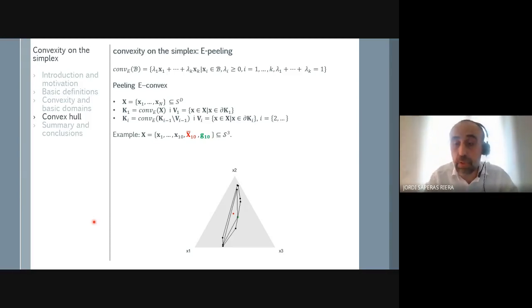In the example, we have generated 10 random points in the three-part simplex with a normal bivariate, and we have added the arithmetic mean and the geometric mean. If we use the concept of Euclidean convex hull to create the peeling, we get this figure.